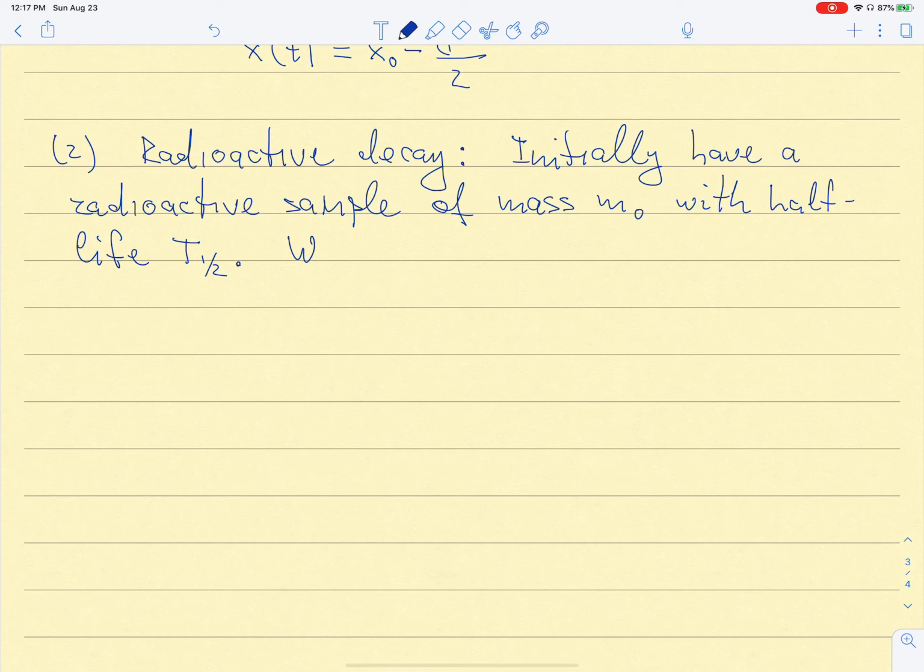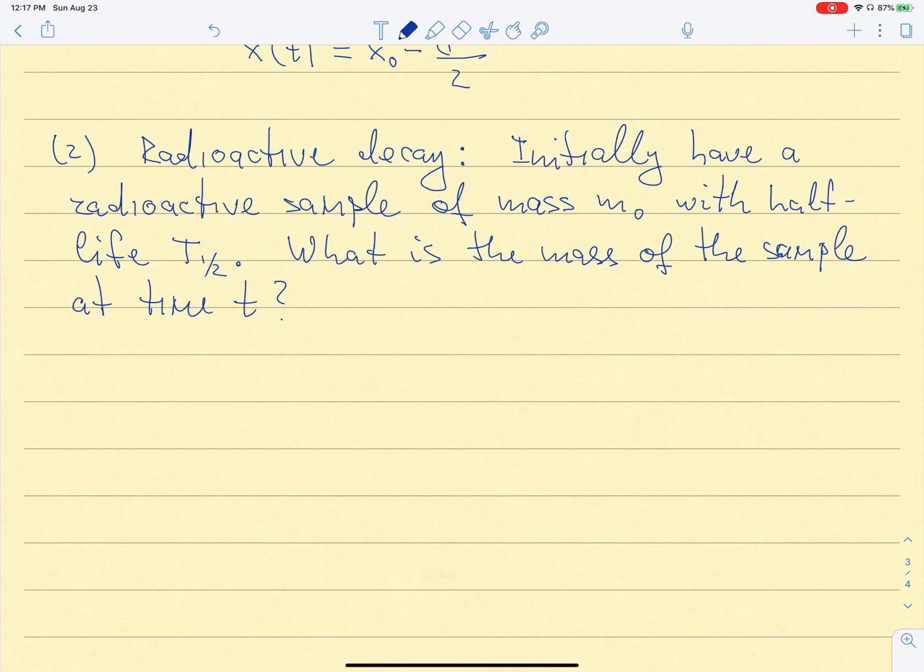And the question is, what is the mass of the sample at time t? So we know for sure, first of all, what does T1 half mean? Actually, let's introduce some notation.